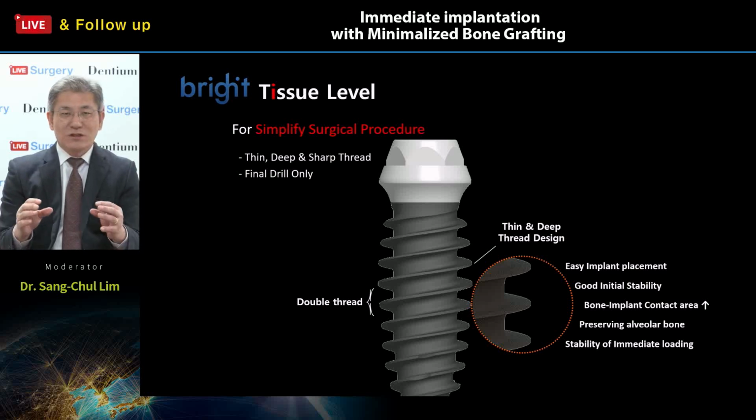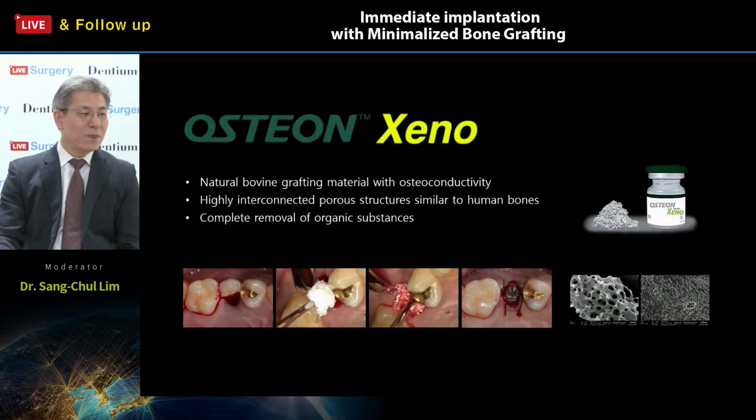And the middle portion, with sharp threads, has better initial stability, right? Compared to a fully tapered implant system, this middle portion, the fatty belly style, is better at conserving the crestal cortical bone area and also gives better initial stability.